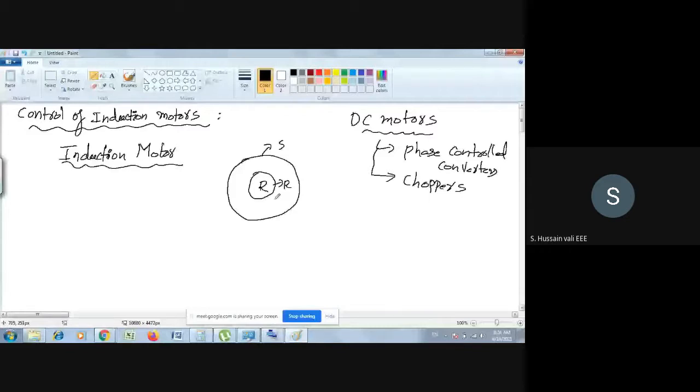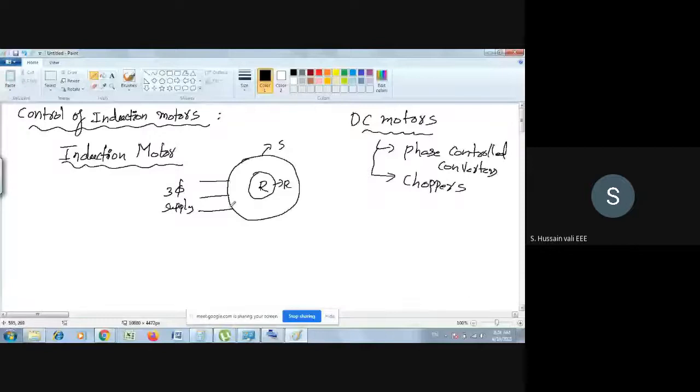Now you give the power supply to your stator. If it is a three-phase induction motor, you give a three-phase power supply to the stator. When you do that, a rotating magnetic field is produced in the air gap.